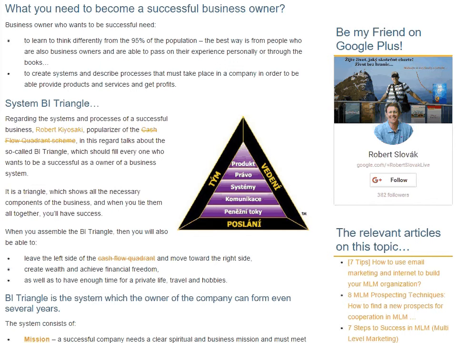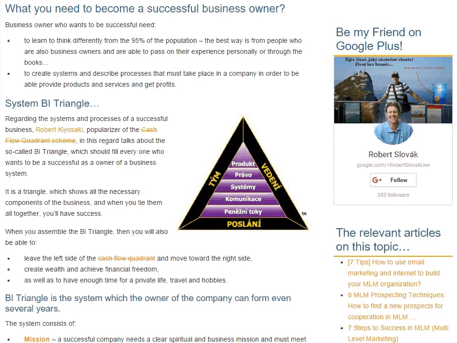The BI triangle. Regarding the system and processes of a successful business, Robert Kiyosaki, popularizer of the cash flow quadrant scheme, talks about the so-called BI triangle, which should be filled by everyone who wants to be as successful as an owner of a business system.